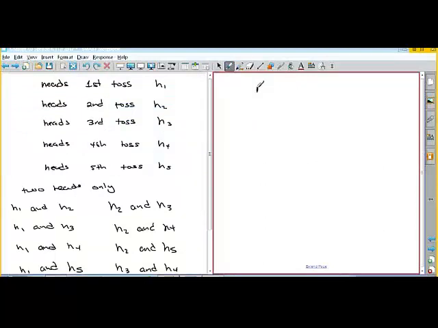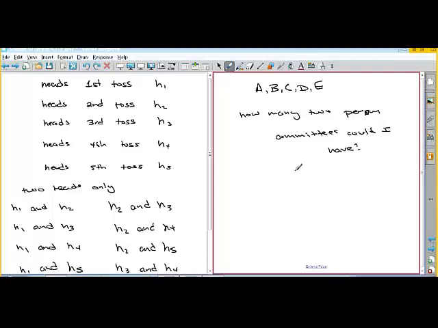Okay, add a page. So we had five people's names instead of 5 tosses, and the question was, how many 2-person committees could I have?